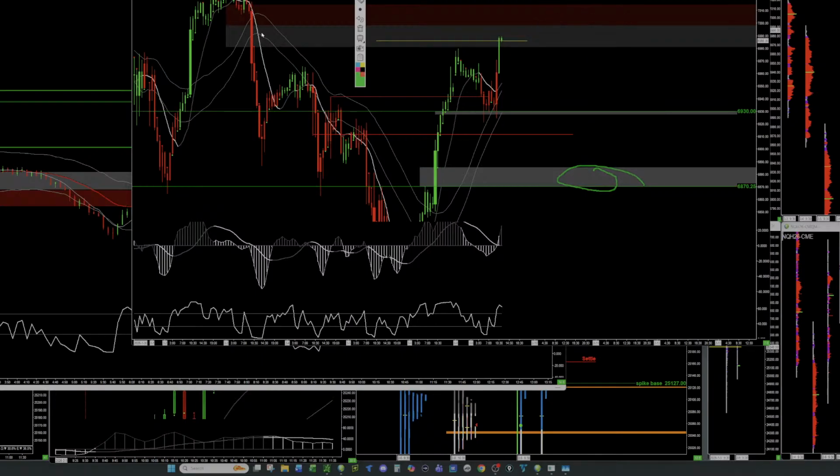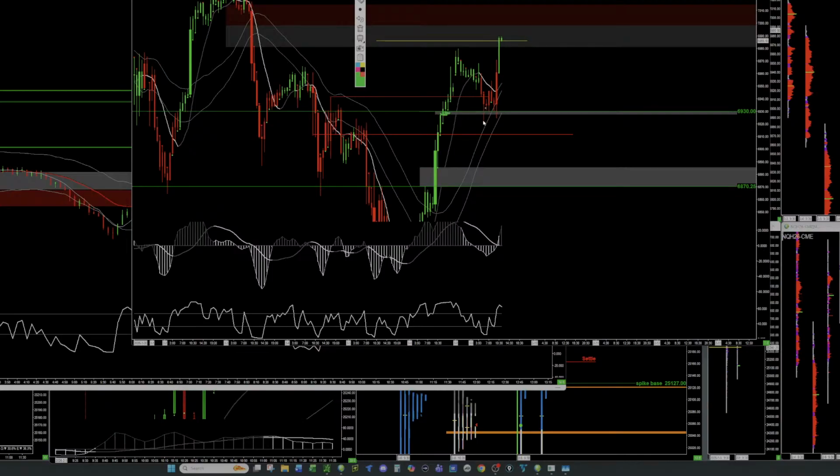We have single prints here, right, and this pocket here, and single prints here, and the pocket is below, right, even down here. It did close a little distribution here, right?